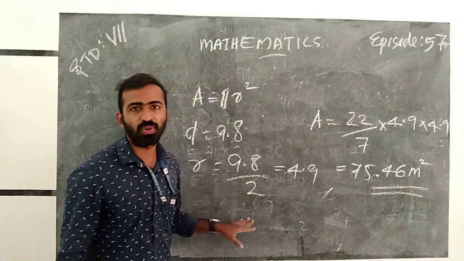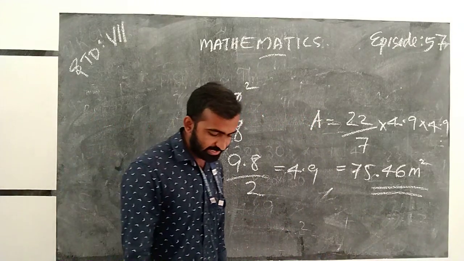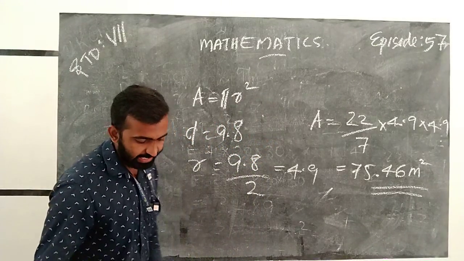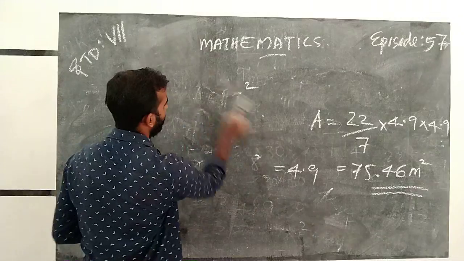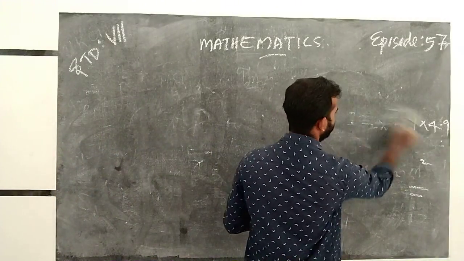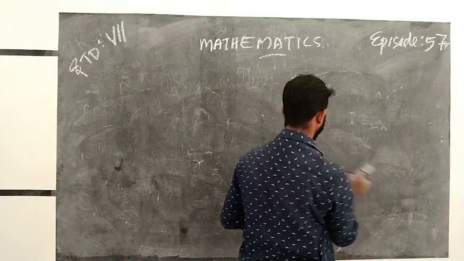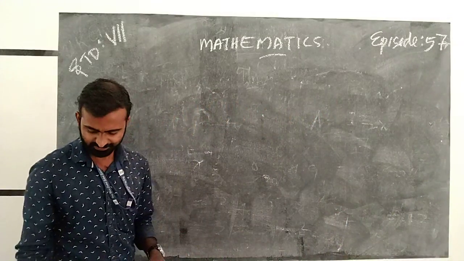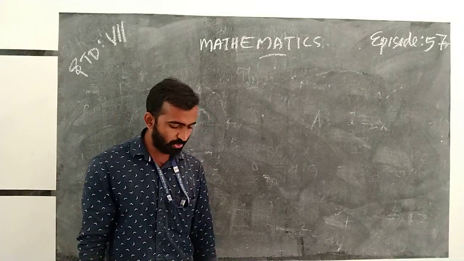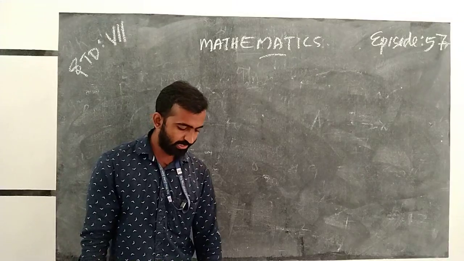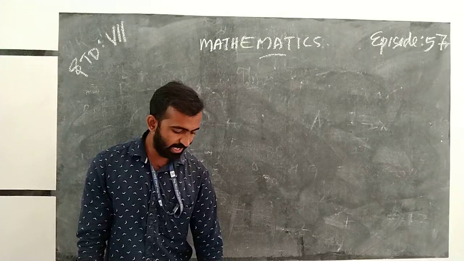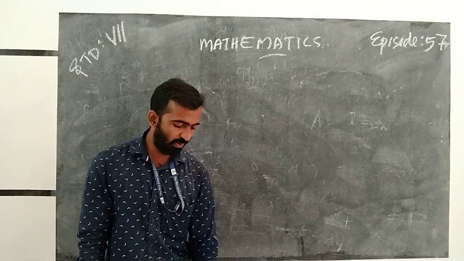And the next example is the 19th example. The adjoining figure shows two circles with the same center. The radius of the larger circle is 10 centimeters and the radius of the smaller circle is 4 centimeters.